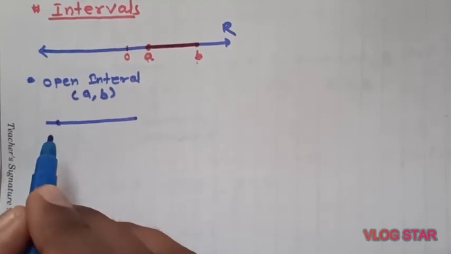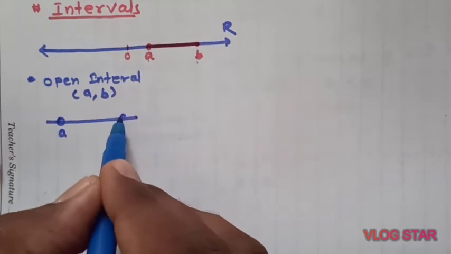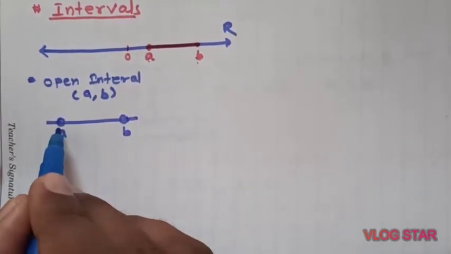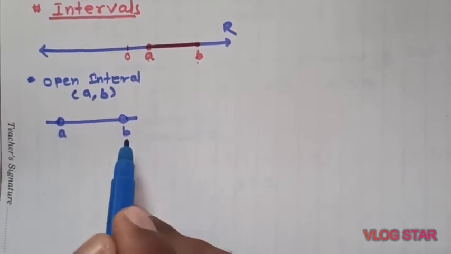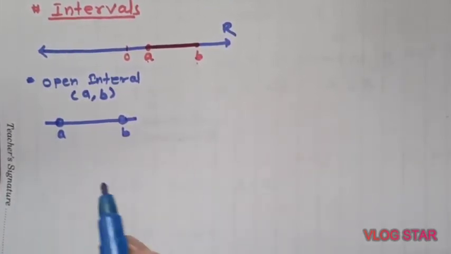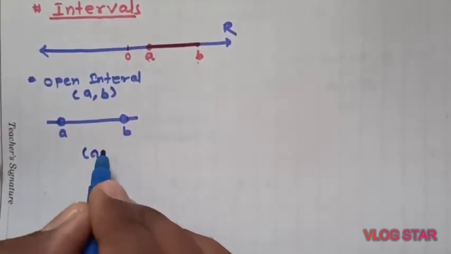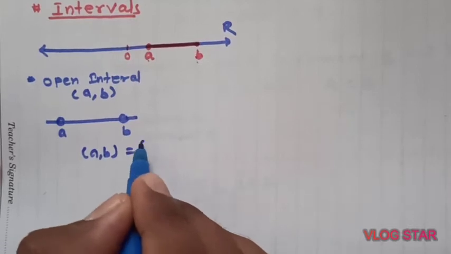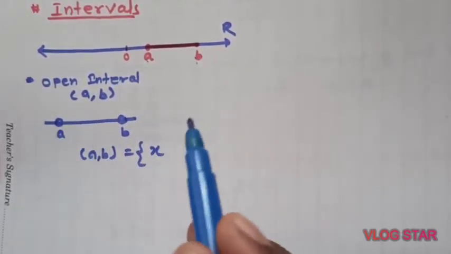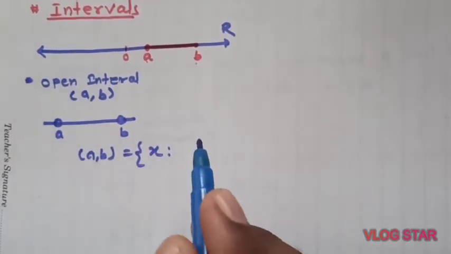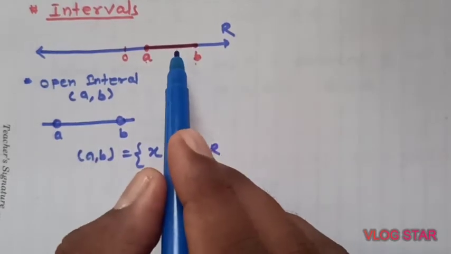I have here A and B. This hollow circle means A is not part of this interval, B is also not part of the interval. So an interval is itself a set. Interval AB is the set of all x, meaning all real numbers, such that x is a real number, a member of the reals.